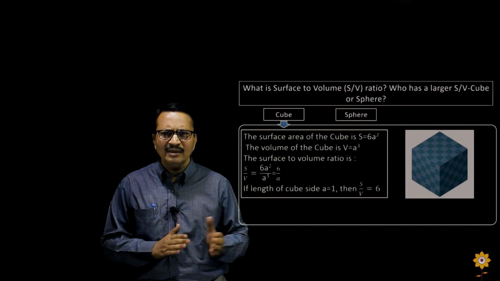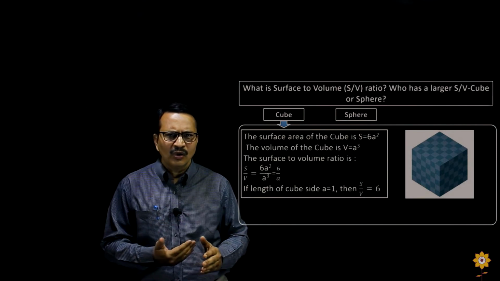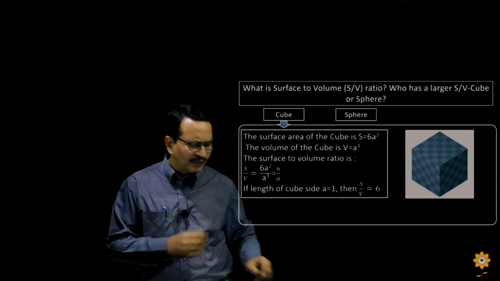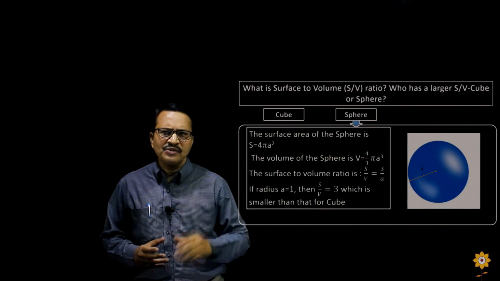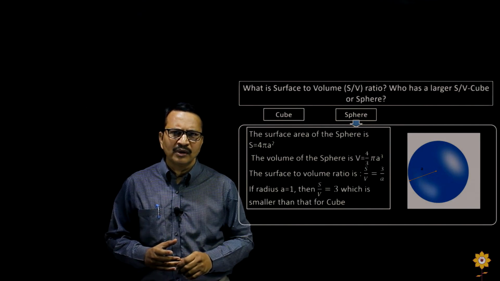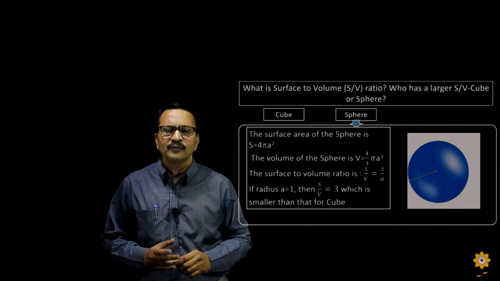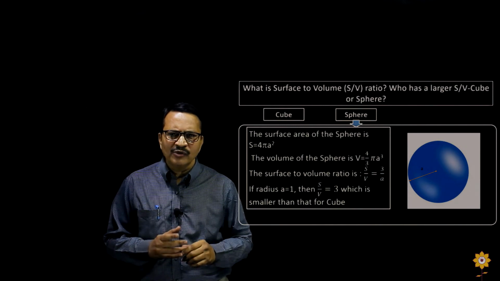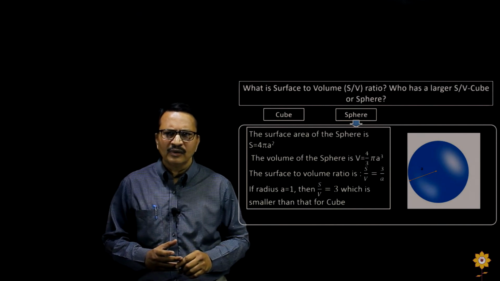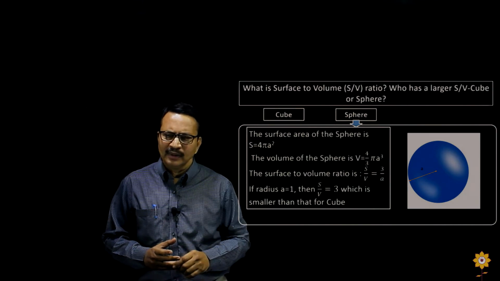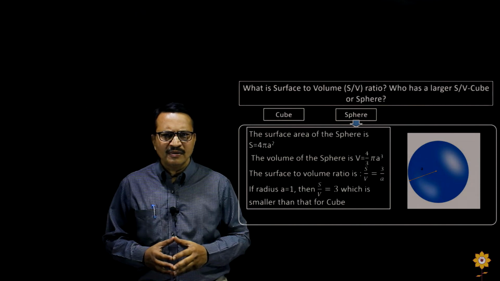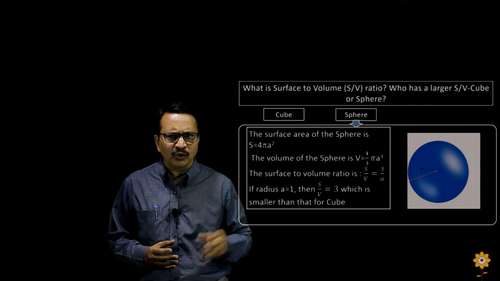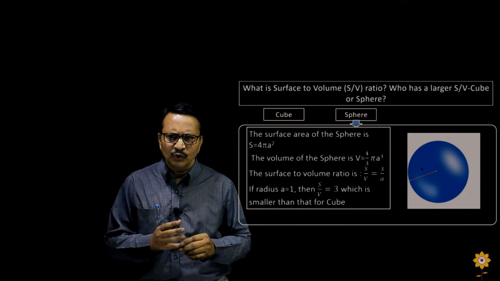Now let us compare this with the case of a sphere. We know that the surface area of a sphere is 4 pi a square, and the volume of a sphere is 4 by 3 pi a cube. Now let us consider a sphere of unit dimensions, and consider this ratio of the surface area to the volume.